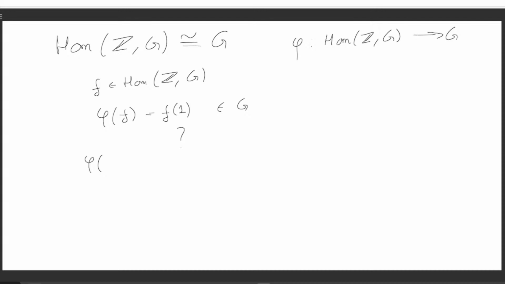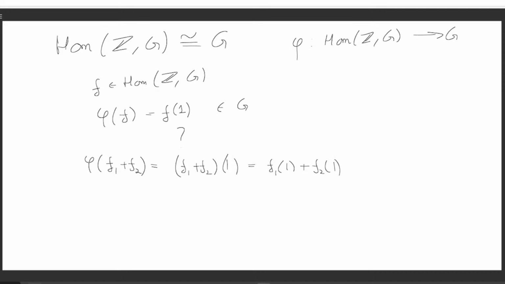So I'll take phi of, say, f1 plus f2. This is by definition (f1 plus f2) of 1. By definition, the addition we have defined, or multiplication in that case, is pointwise. So that means this is defined as this, we are not proving this. This is defined as this.